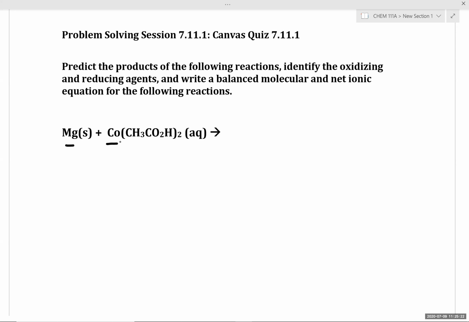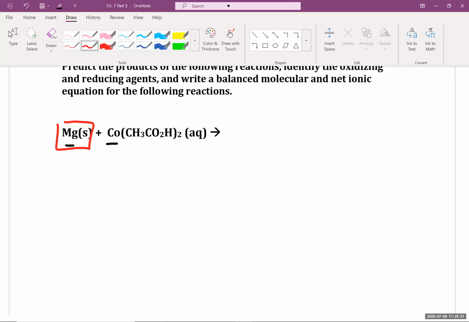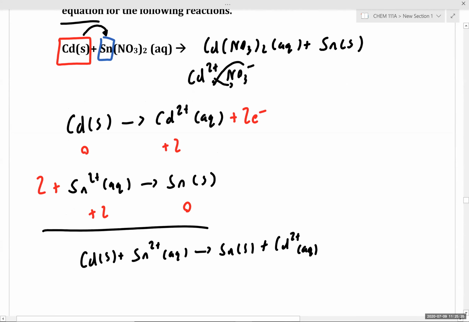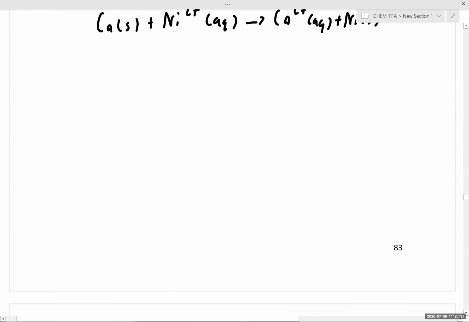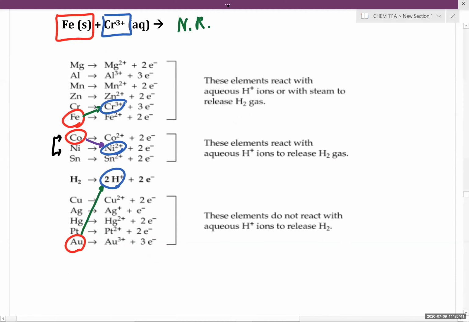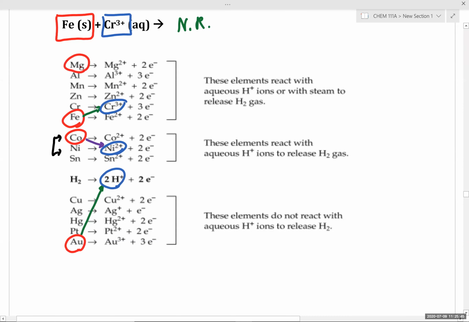Okay, so let's discuss this example. So magnesium is our neutral metal. Cobalt is our metal ion. So let's go up to our activity series. Magnesium is a very strong reducing agent, all the way up here.